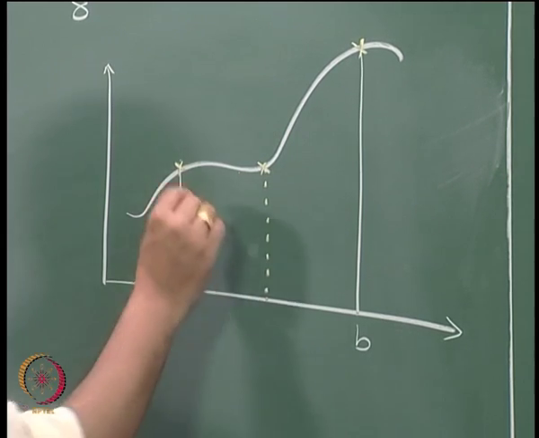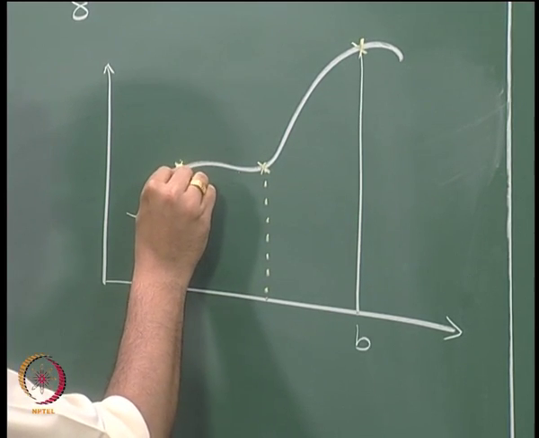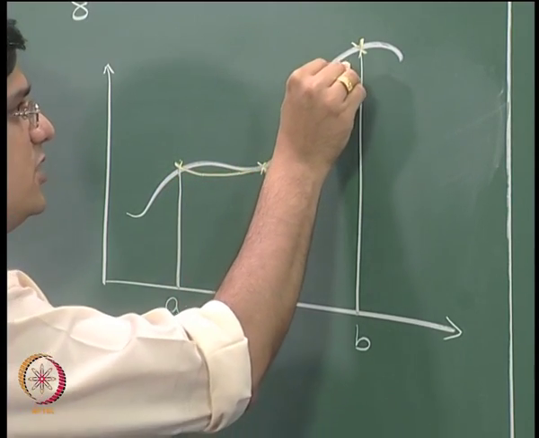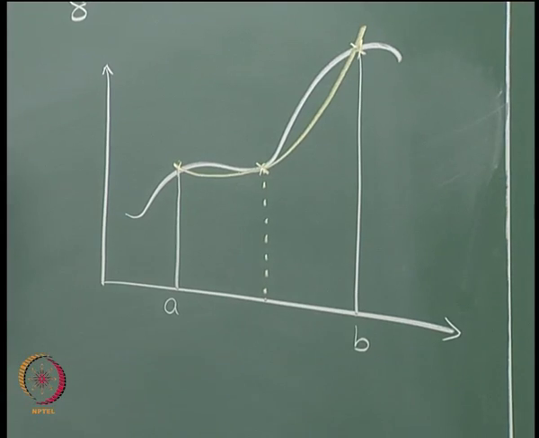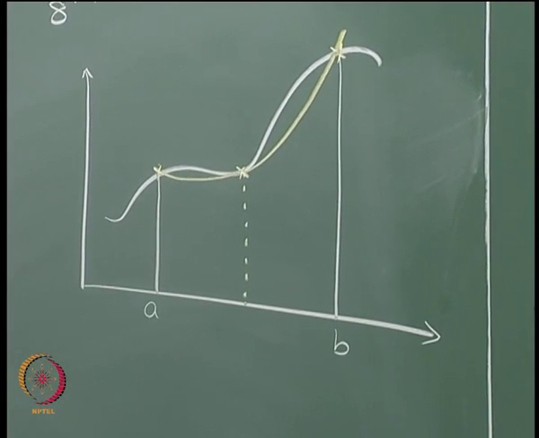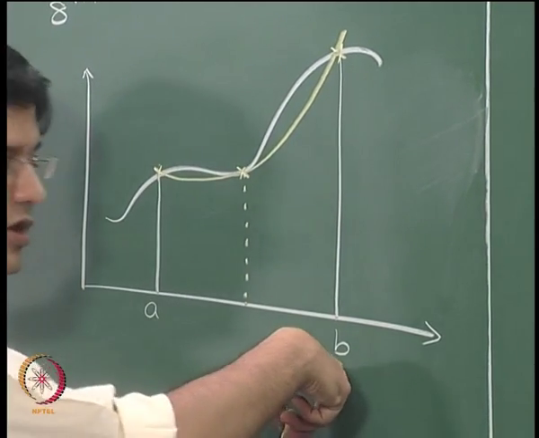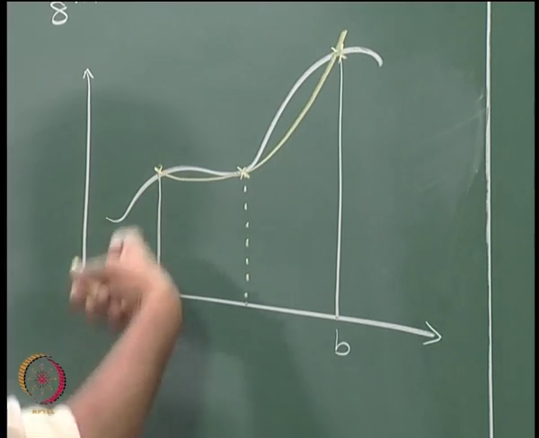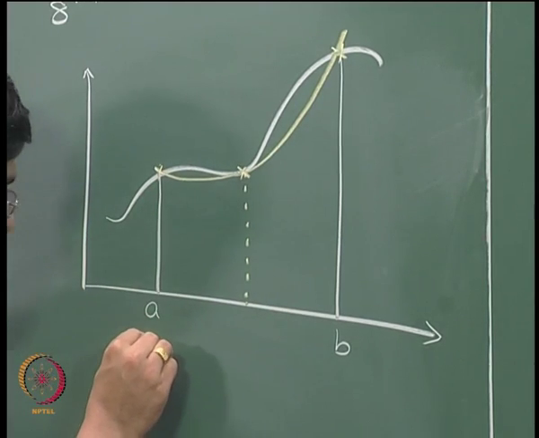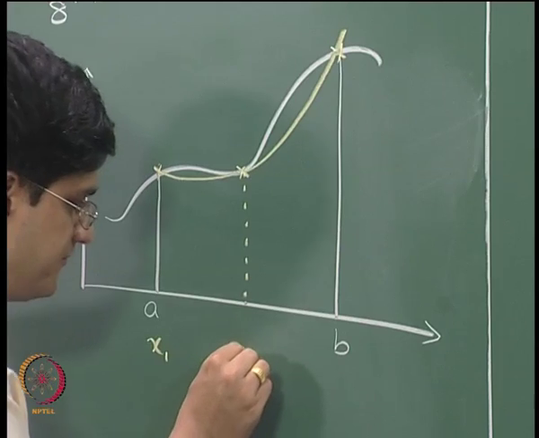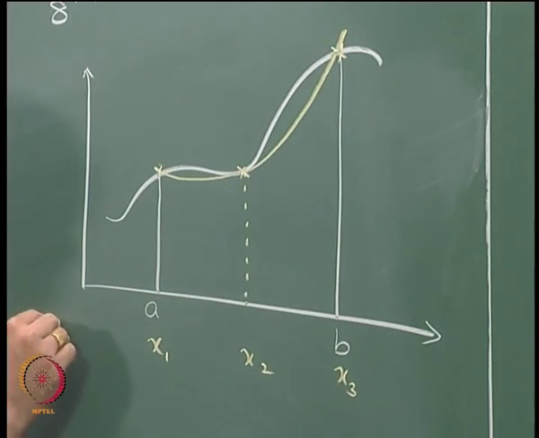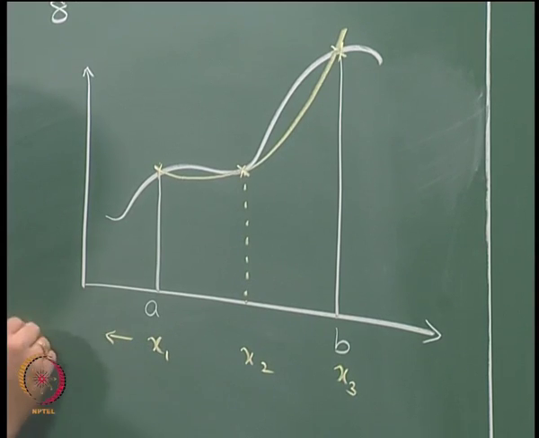Perhaps it would look like this. The area under this yellow curve between a and b will be the approximate integral that we get. If we use these 3 data points, we will call them x1, x2 and x3. This will lead us to the 1/3 rule.